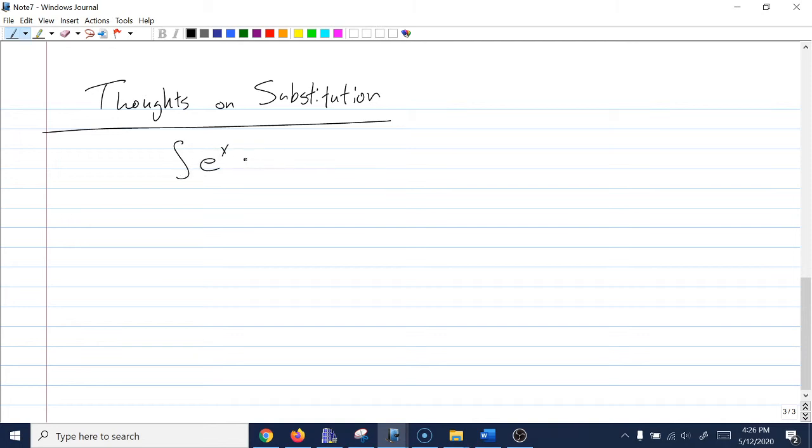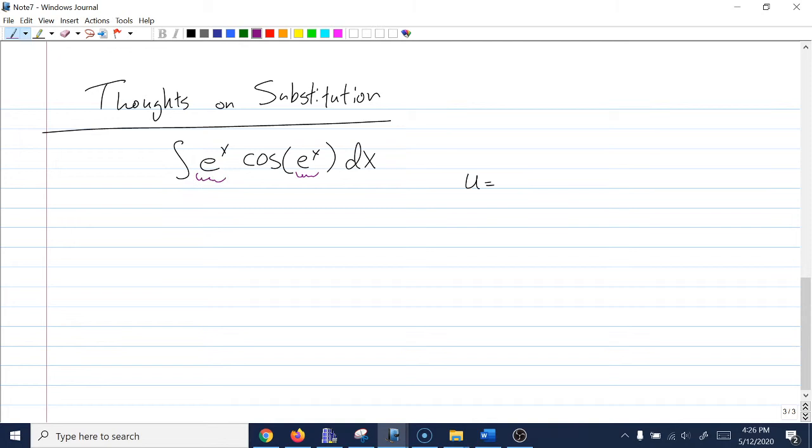If I hand you the integral of e to the x cosine of e to the x dx, this is an obvious candidate for integration by substitution. The obvious u to pick, you generally want to be something that you see on the inside, whose derivative you kind of see on the outside.